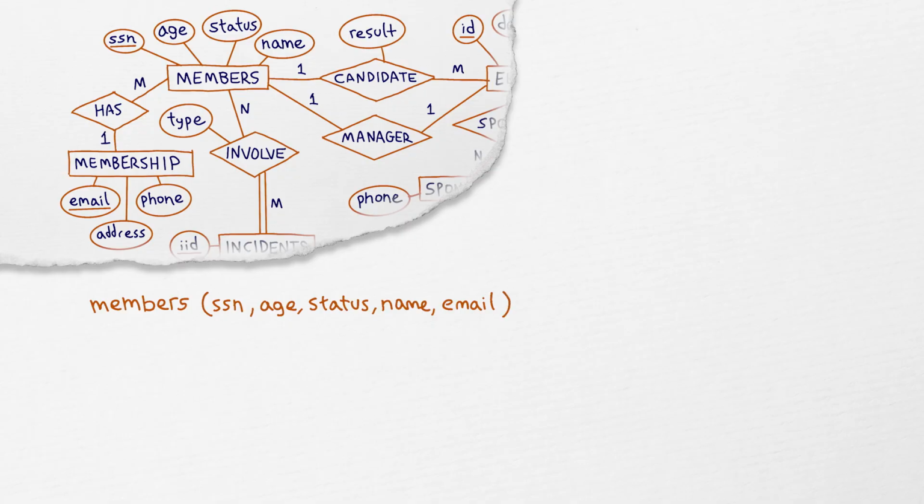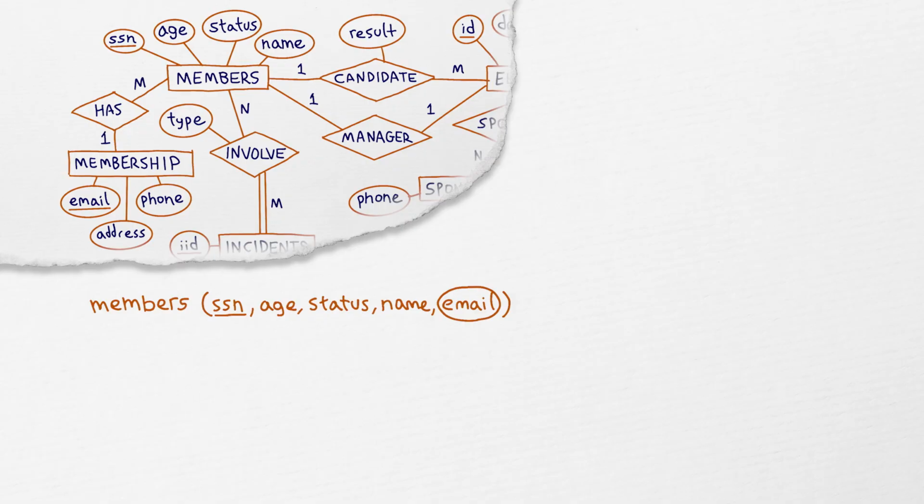The primary key here is the one that we underline in the entity set. So I will underline the social security number, and I will circle the foreign keys to remember later that they need to be specified as foreign keys. So I will circle email address to remind me that it is a connection with another table. Then we're done with members, and I'm done with has.